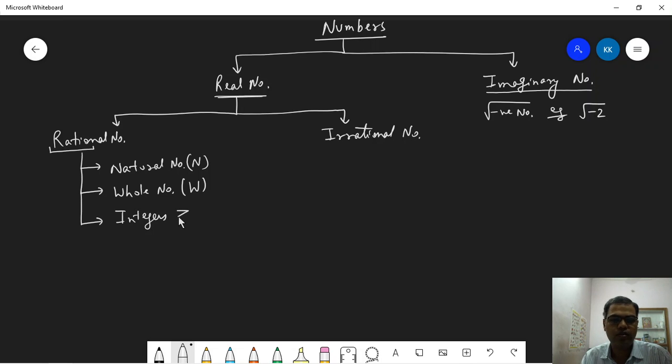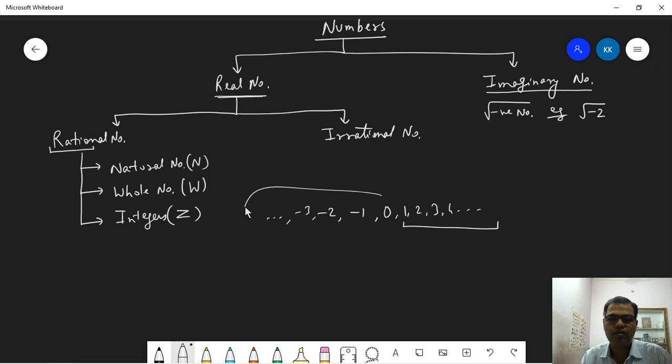The symbol for this is capital Z. Integers are a set of numbers having natural numbers, that is 1, 2, 3, 4, along with the 0, and negatives of the natural numbers, that is -1, -2, -3.